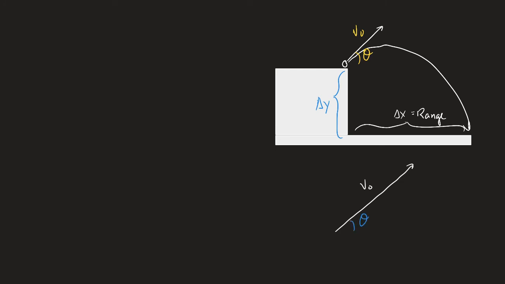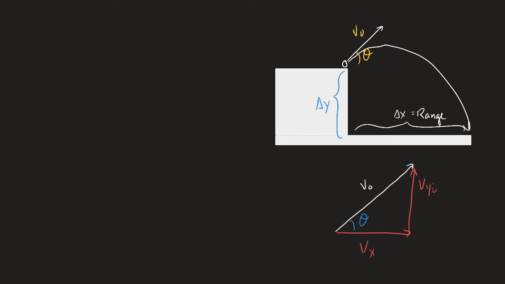If the angle is here, then I will have a horizontal component that's lined up with the horizontal ground, and I will have a vertical component that's going to be acted on by gravity. I'll call this Vy initial, and I'll call this Vx. The vertical one gets the I for initial because it's acted on by gravity and its value will change. The x component, I just leave x because there's no horizontal acceleration in most cases, and it won't change.